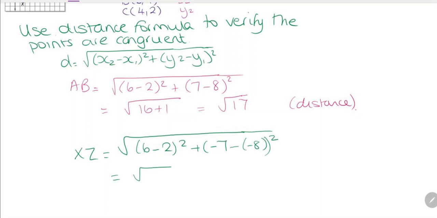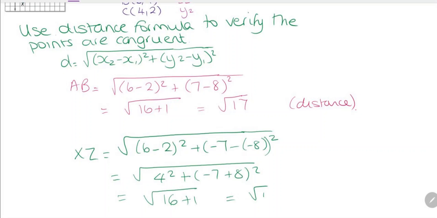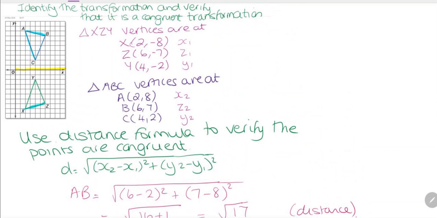So we'll have 4 squared, plus (minus 7 plus 8) squared, which will be the square root of 16 plus 1, which is root 17. So the distance between XZ and AB are equal.